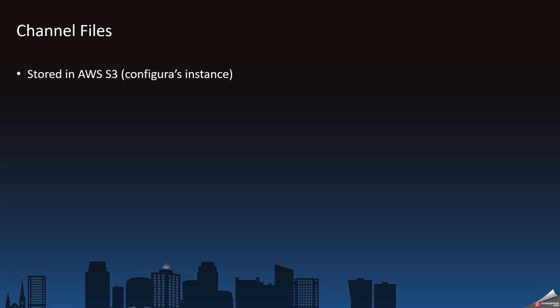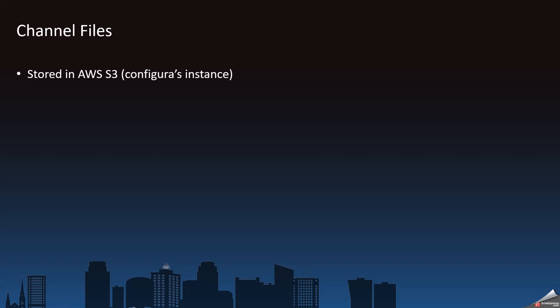So maybe you have some files that you want to go along with these features, and you only want the users in those channels to have access to those files. So it could be pricing data or something like that, or some images maybe. Who knows? So we'll show you how to do that next.